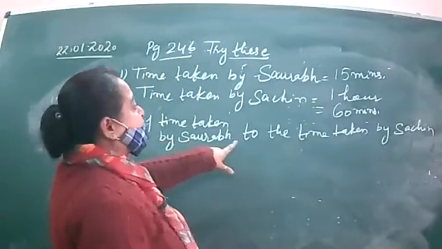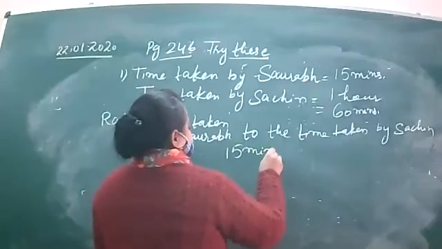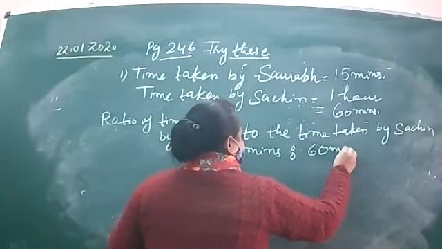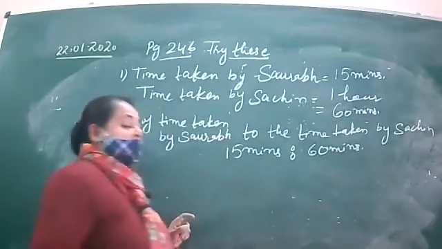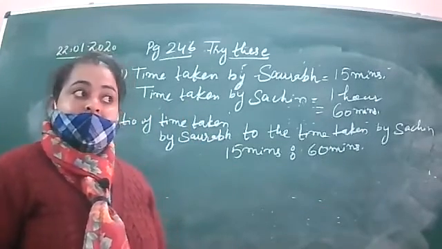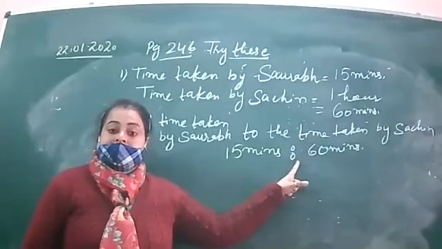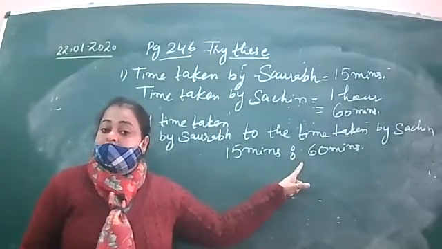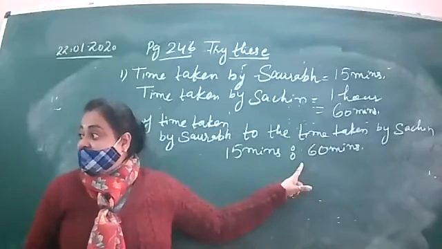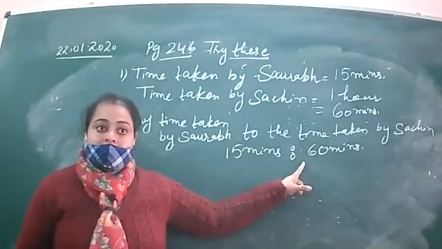So time taken by Saurabh is 15 minutes ratio 60 minutes. If the question is based on ratio, then very much compulsory to write this step, otherwise your half marks will be cut. As the question is based on ratio, you have to show the ratio at the starting, right?